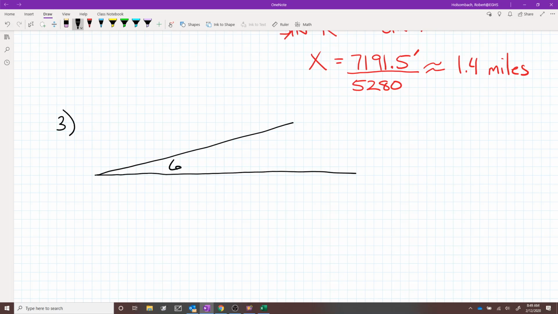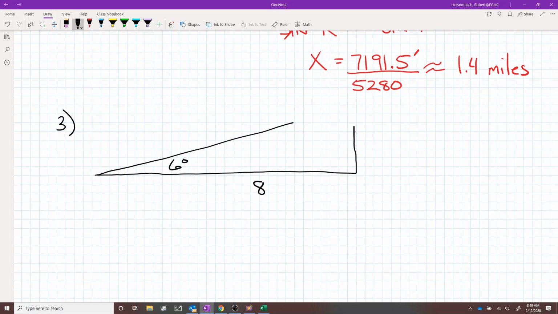Here's your 6 degree angle with the horizontal. This angle is maintained for a horizontal distance of 8 miles. Draw and label the diagram. To the nearest hundredth of a mile, how high does the highway rise in this 8-mile section?